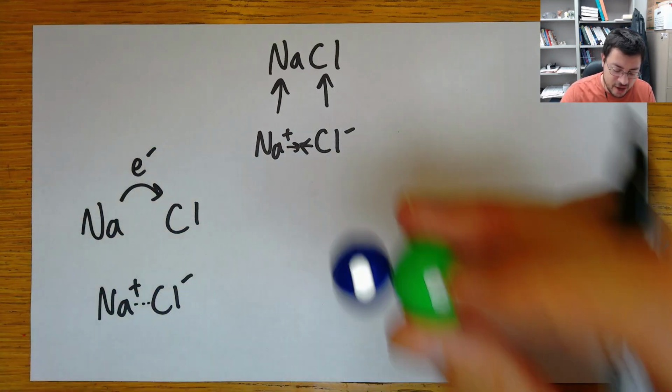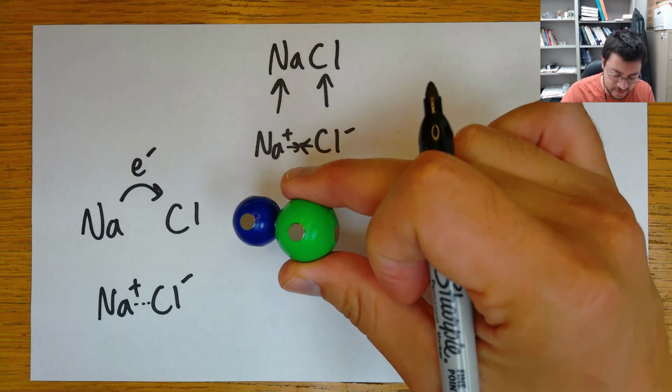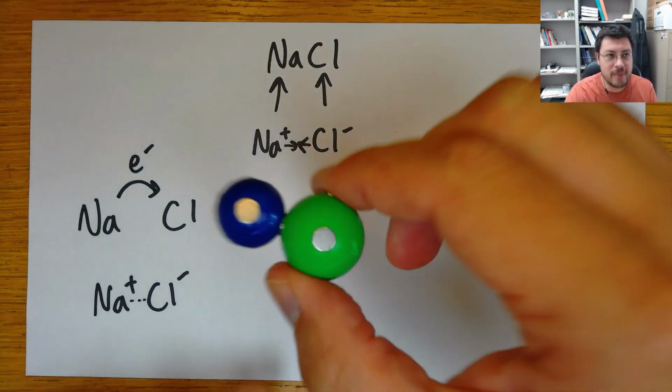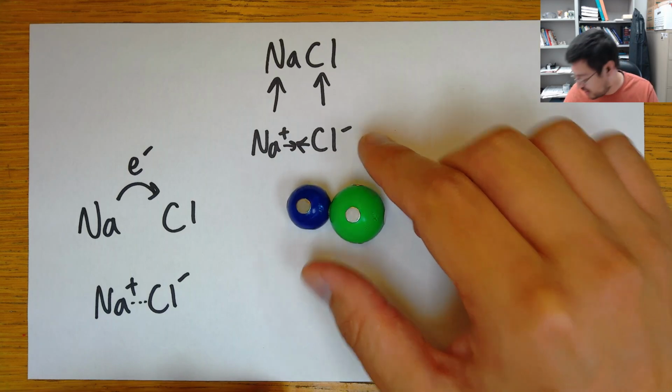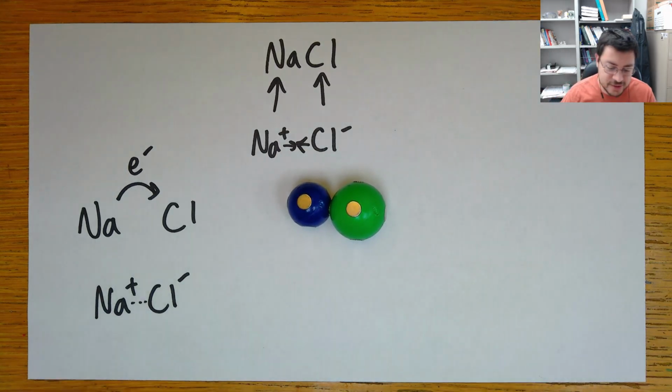So you may be thinking, how come I just can't call this a molecule? I have like one molecule of sodium chloride right here. Well, that's because you can't really make molecules for ionic compounds. They don't work that way.